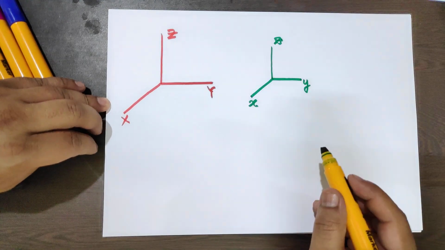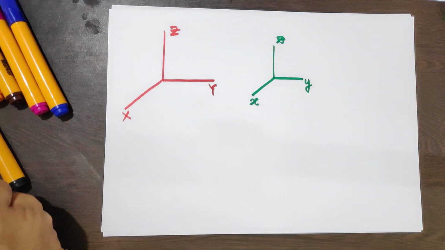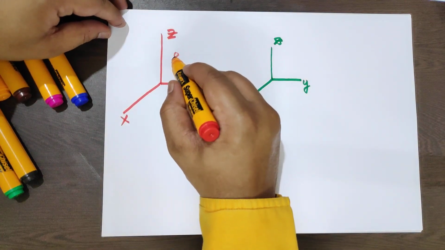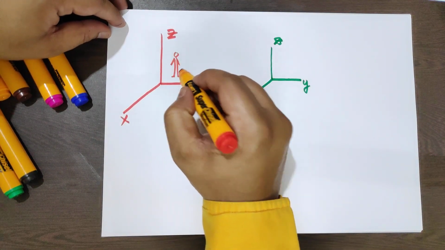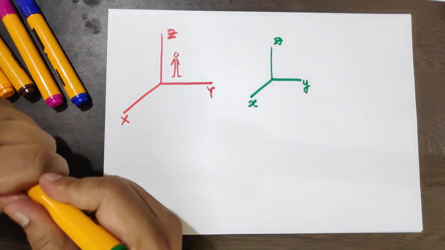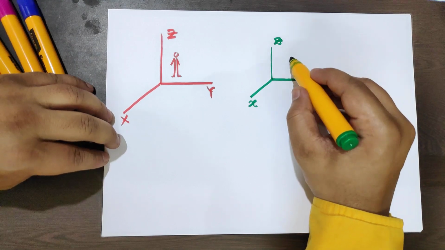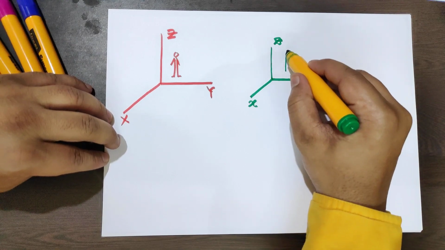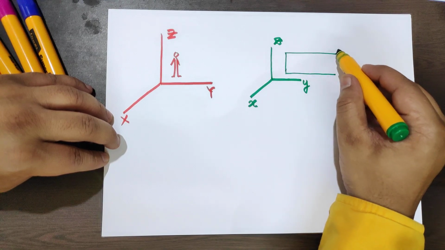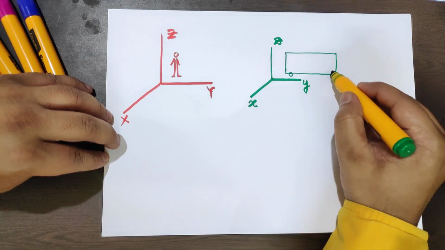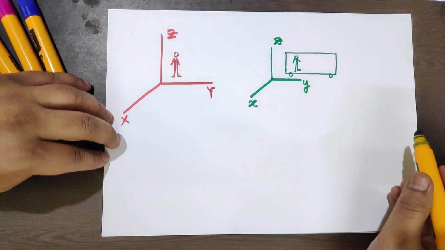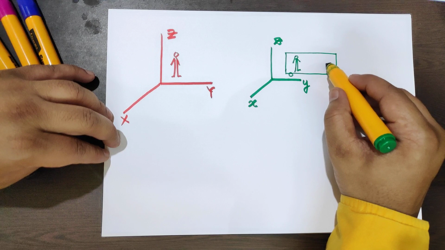You can consider a person at rest, standing on a platform, and this moving frame, as it is a translating frame, you can consider a person moving inside a train or a car. Simply it's translating. So this person is the frame small x, y, z, so it's translating.